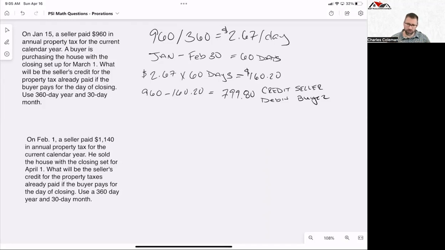So what we're going to do, we are going to take our annual taxes of $1,140. We are going to divide that by 360 days, and that is going to give us $3.17 per day. All right, so that's what it's costing in taxes.